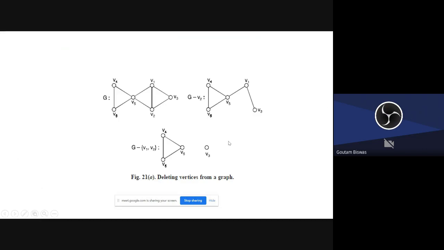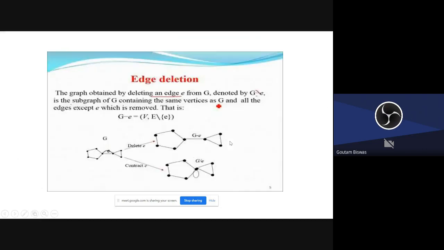Here you see, this is the vertex. Edge deletion: the graph obtained by deleting an edge. You see, this is the graph. Now delete edge E, and contract E, we will get this graph.